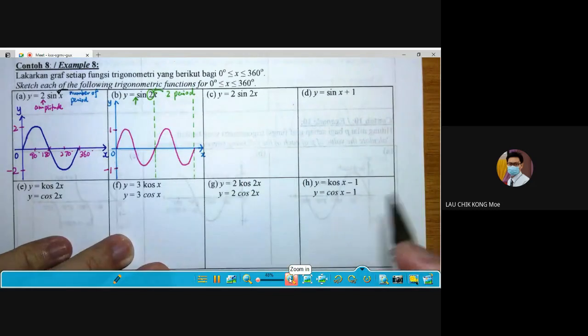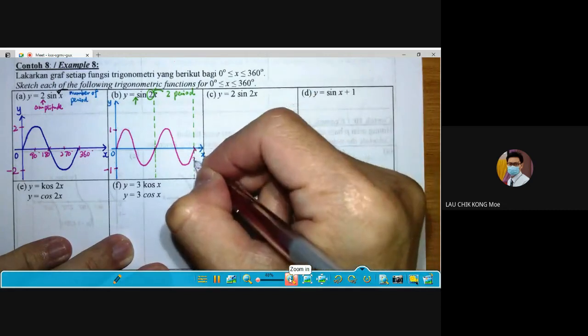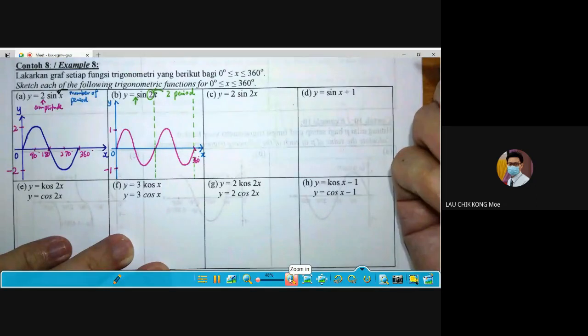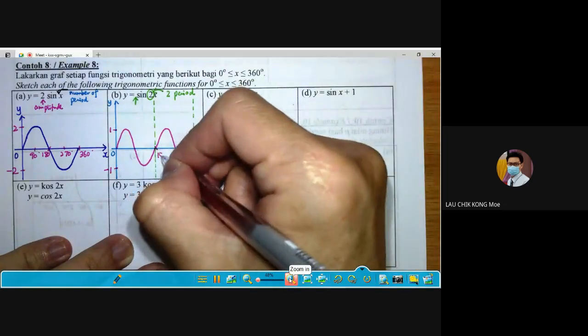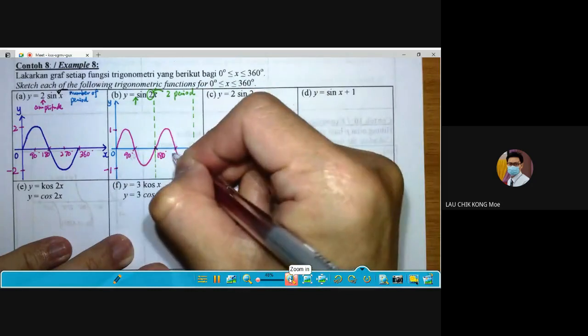So now the final angle is 360 because from 0 to 360. And then the middle one is 180, and this one is 90, this one is 270.